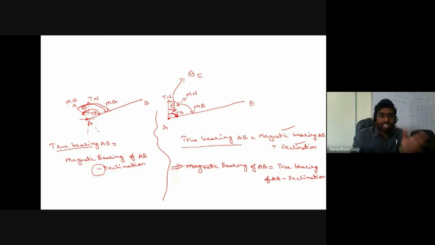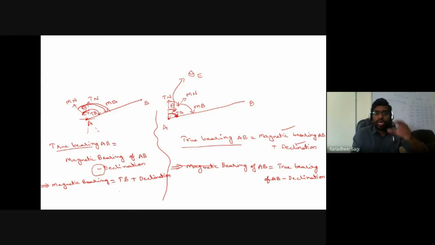Coming to the other case, if magnetic bearing is what I want to calculate, that's nothing but the true bearing minus declination, and when declination goes to the other side, it becomes plus declination.